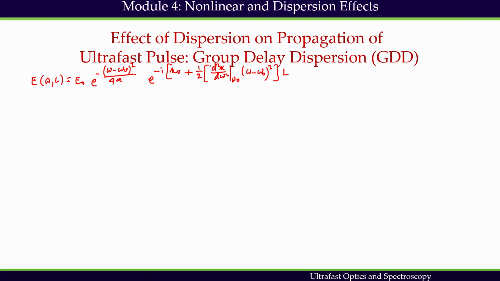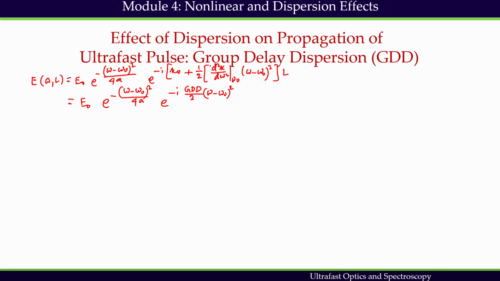This can be simplified as following. We can write E naught e to the power minus omega naught square by 4a, then e to the power minus i GDD, I'll explain what it means very soon, times omega minus omega naught whole square.